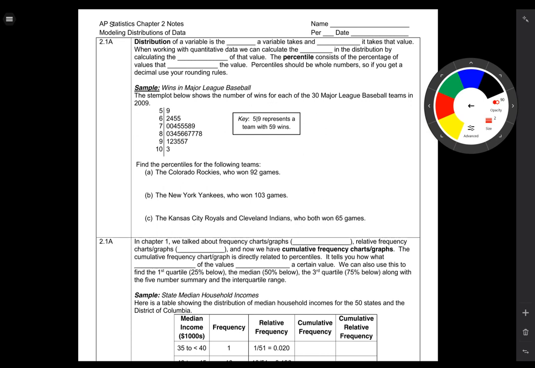Recall that the distribution of a variable is the values a variable takes and how often it takes those values.